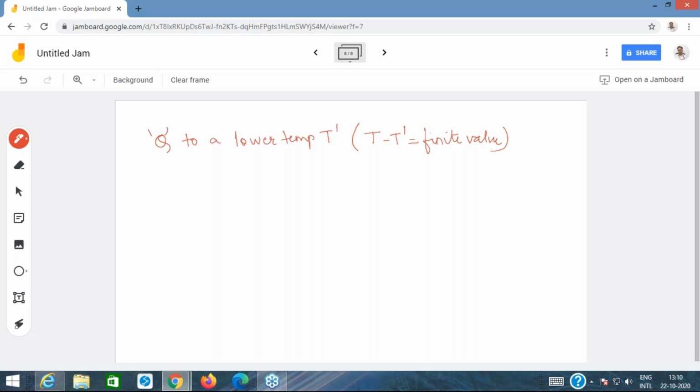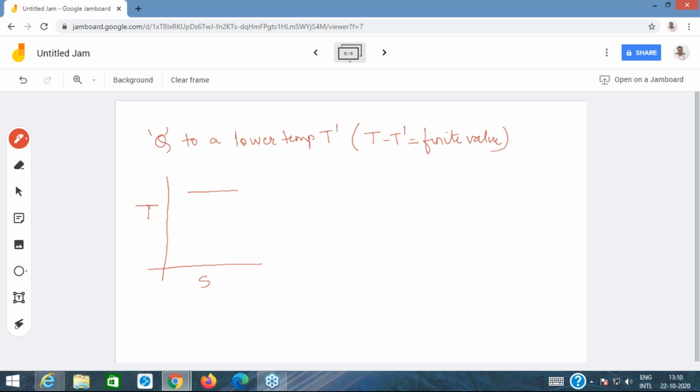If you want to represent this process on a temperature entropy diagram, first we talked about the heat transfer from the source.